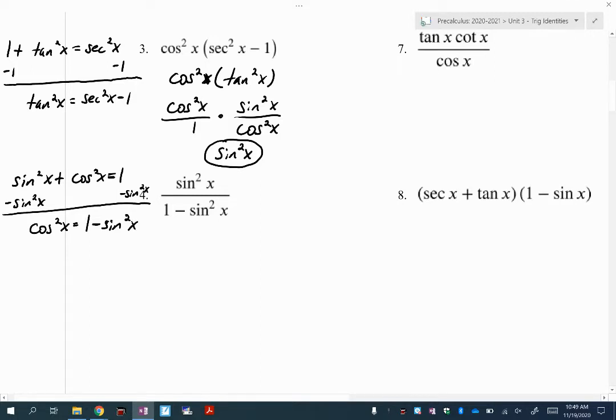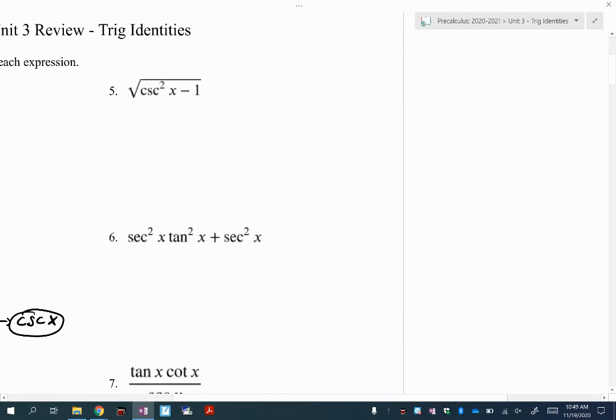So in my denominator, which currently says 1 minus sine squared x, I'm going to replace that as cosine squared x. And then sine squared x over cosine squared x, we just used that before in number 3, but that's the same as tangent squared x. All right, let's go to number 5.